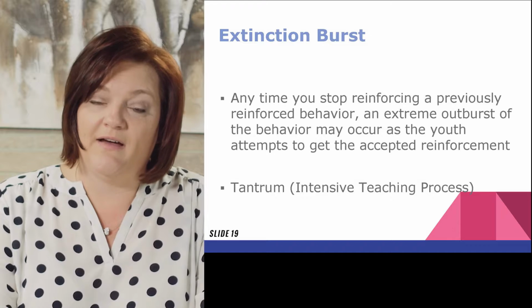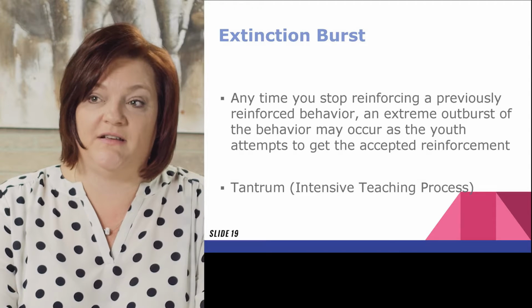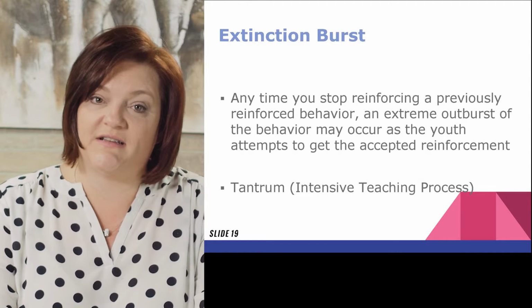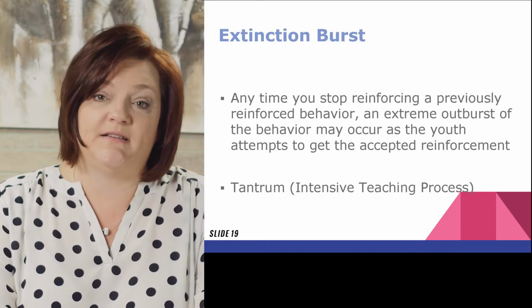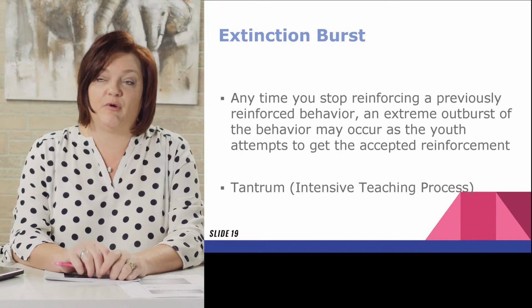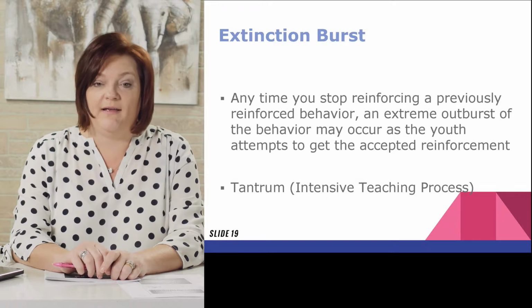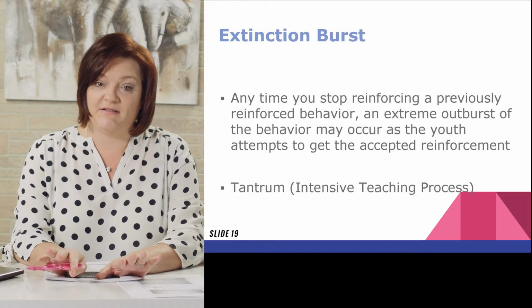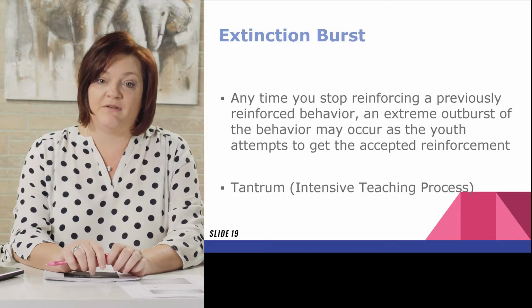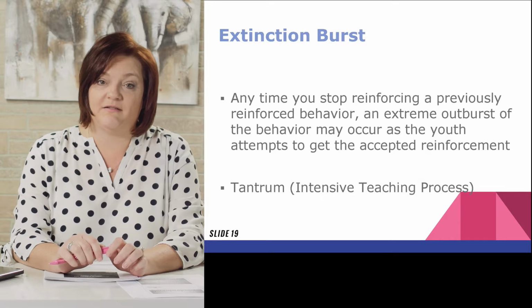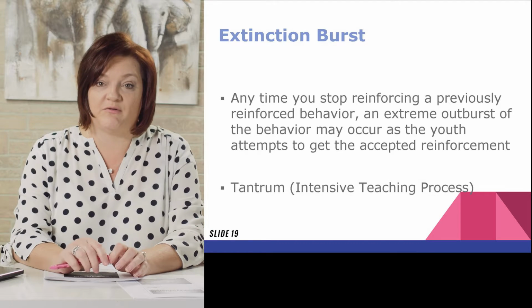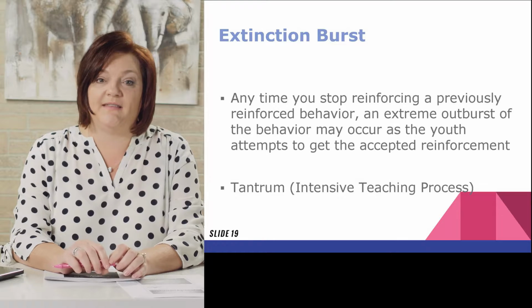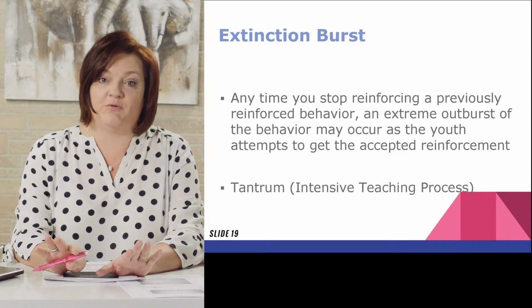And so what we have to do when a child is experiencing an extinction burst is continue to praise, provide support, and not change our expectations, but allow the child to come back to, again, a state of emotional regulation so that they understand the new normal.